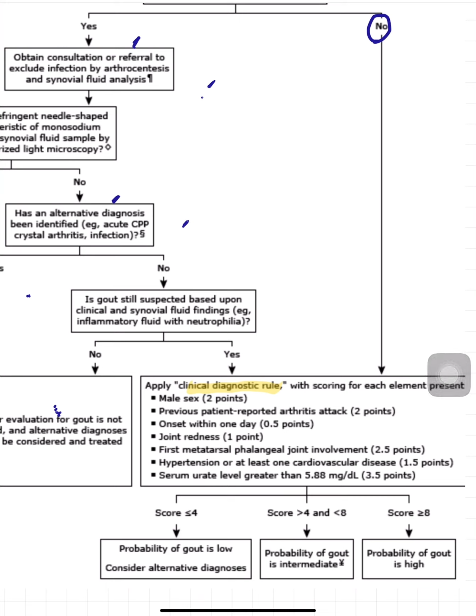If the total score is more than 8, it is likely gout. If it is less than 4, we have to look for an alternative diagnosis, and if it is in between, we will think about an intermediate possibility of gout, and we can start a treatment trial.